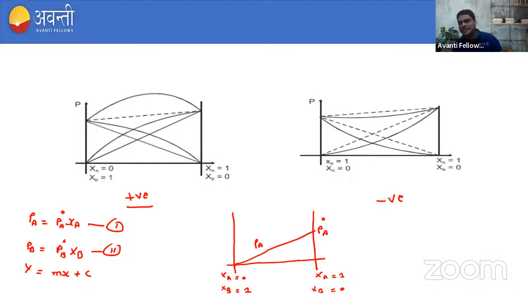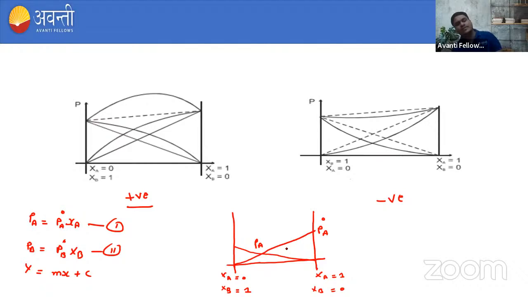There is no XB here, only the mole fraction of XA is present. At this point XA becomes maximum, so we get the pure vapor pressure. Similarly, for XB, the value is increasing, so we get the curve like this.